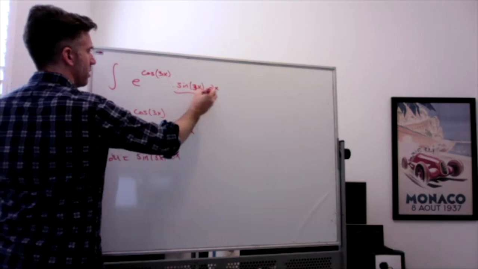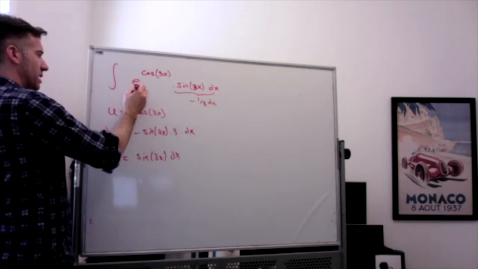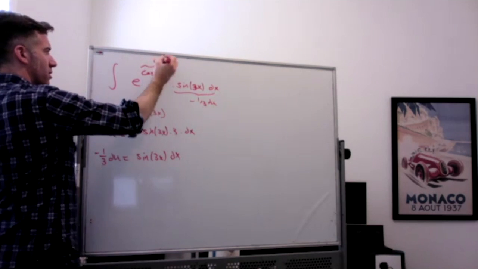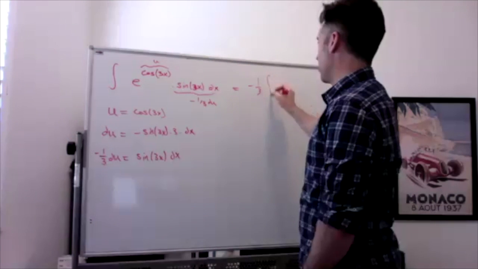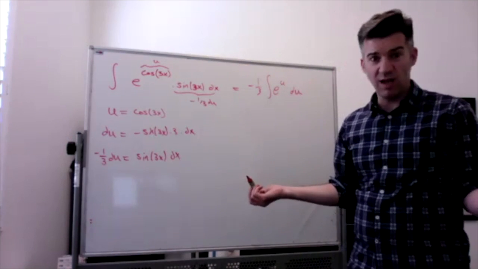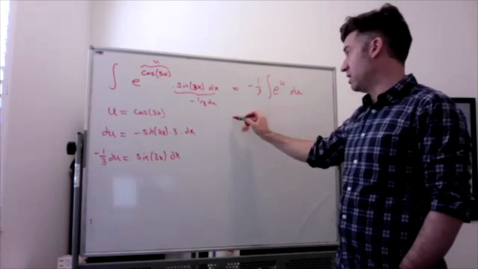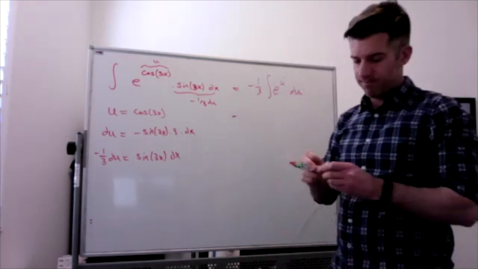Well, great. There's my negative 1/3 du. Here's my e to the u. It just becomes negative 1/3 the integral of e to the u. And we're almost done, right? The integral of e to the u is e to the u. Gosh, I keep doing that. It's annoying.